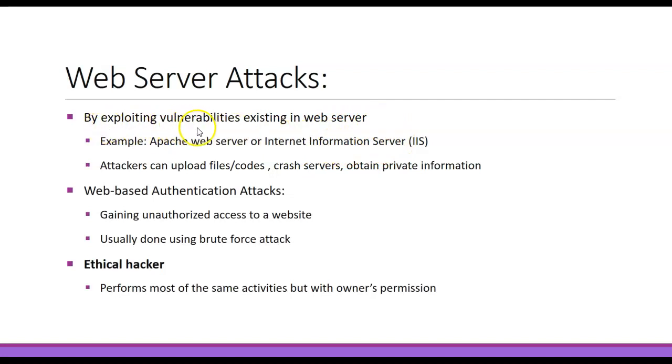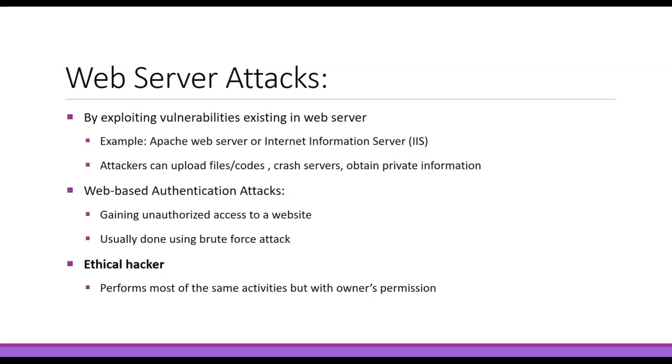So what happens here? The attackers exploit the vulnerabilities that exist in the web server. So the attacker knows that there are some vulnerabilities in this IIS, so they try to exploit these vulnerabilities in order to attack the web server. Attackers can upload files or codes. They might upload malicious code, viruses, infection to the web server.